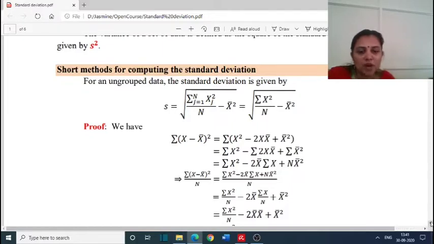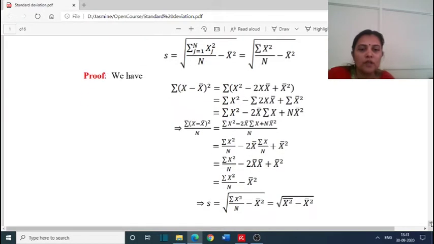Which implies sigma (x minus x bar) whole square by n is equal to, we can divide all the terms on the right hand side by n: sigma x square minus 2x bar sigma x plus n x bar square, all by n, which is equal to, we can split the whole into 3 terms: sigma x square by n, minus 2x bar sigma x by n, plus n x bar square by n. In that, n cancels, so x bar square.